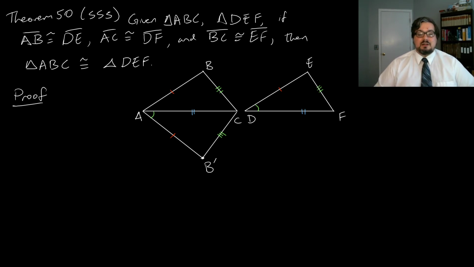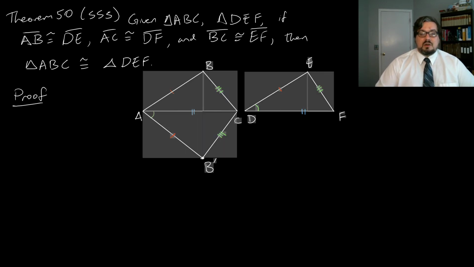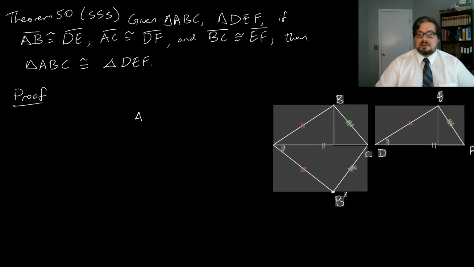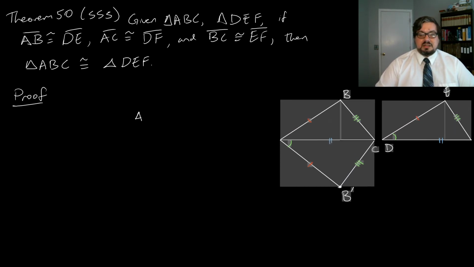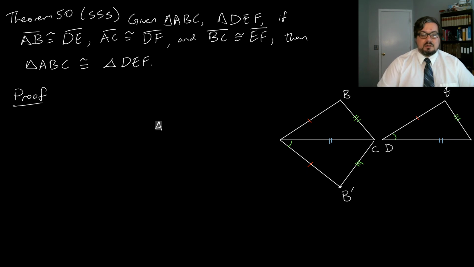Once we're here, we're going to be able to start drawing in some new triangles using the Isosceles Triangle theorem to do some work. So let me try to move these figures over here, just so that we don't use up too much space that we could use for writing out the proof.